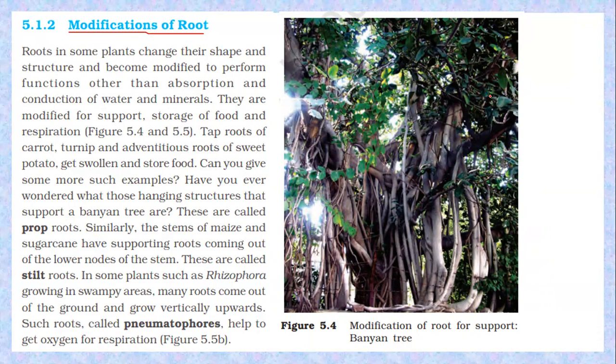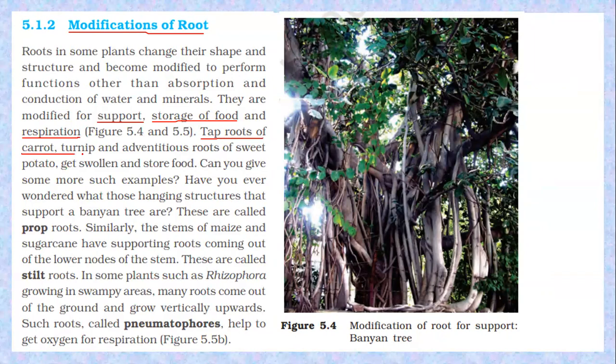So in certain plants, the roots get modified to form different structures, out of which a few we are going to discuss. Some roots are modified for support, some for storage of food, and some even for respiration and photosynthesis.